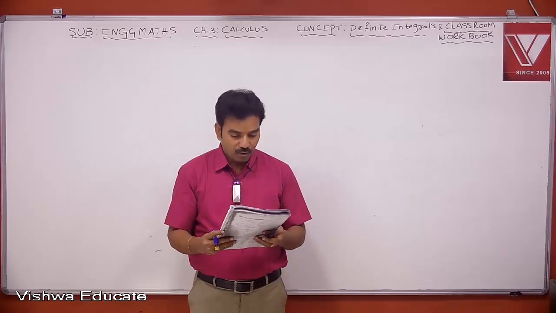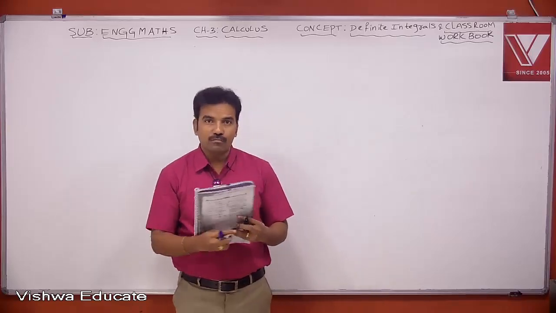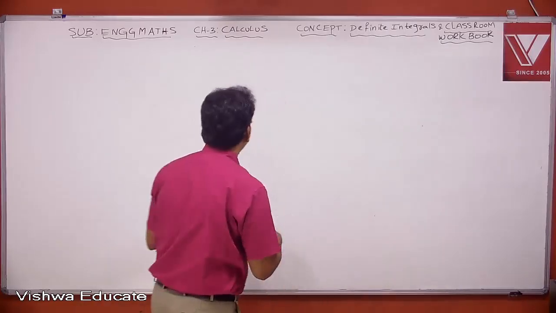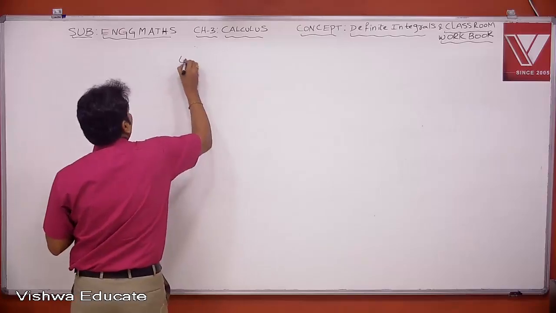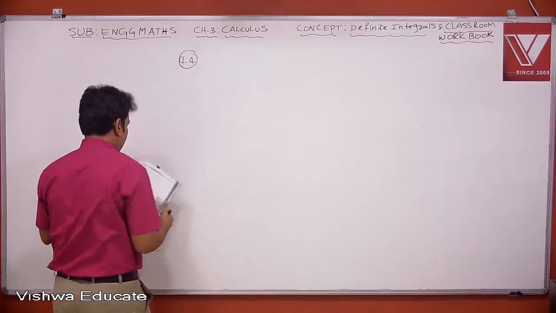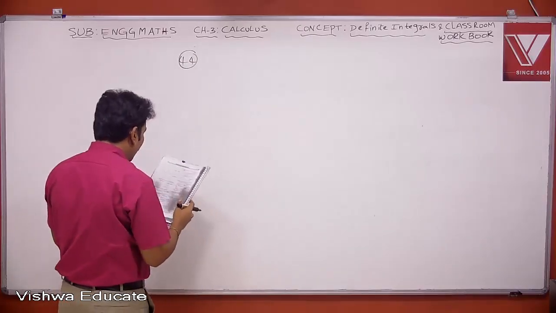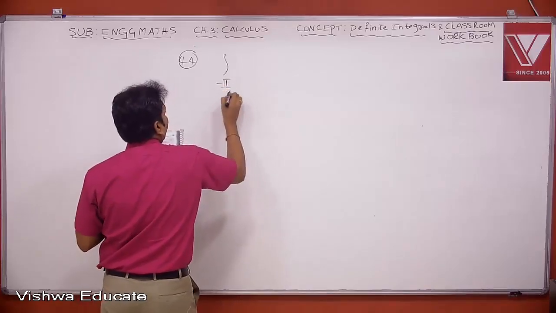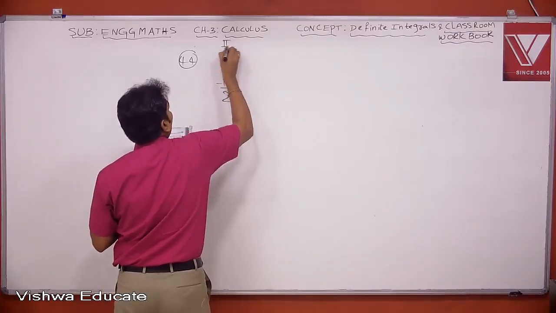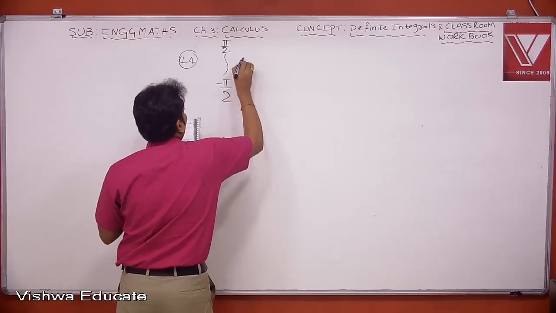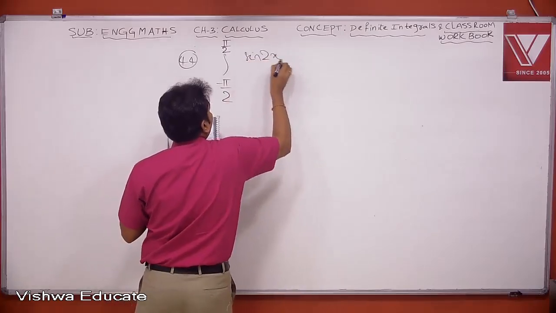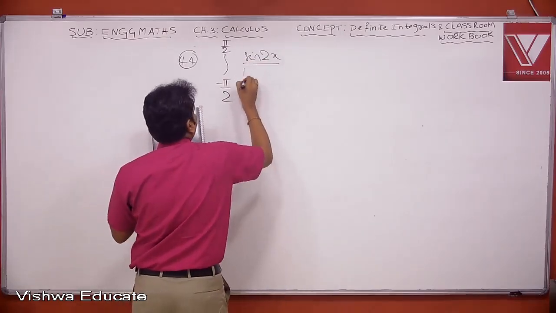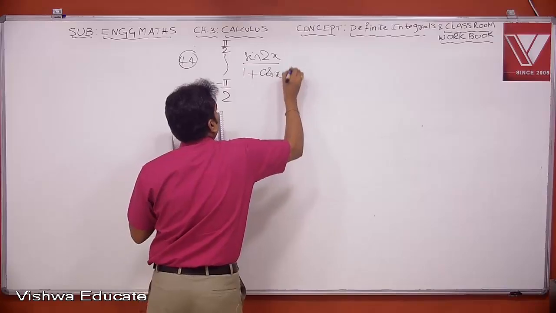Let us start from question number 44. Question number 44: what is the value of the definite integral from minus pi by 2 to plus pi by 2 of sine 2x divided by 1 plus cos x dx?